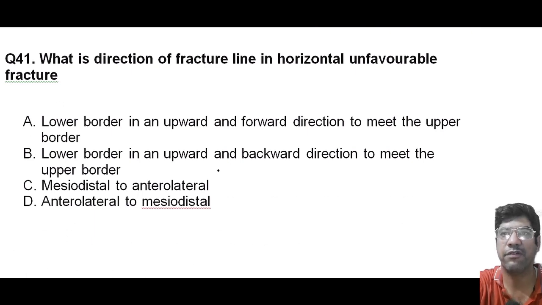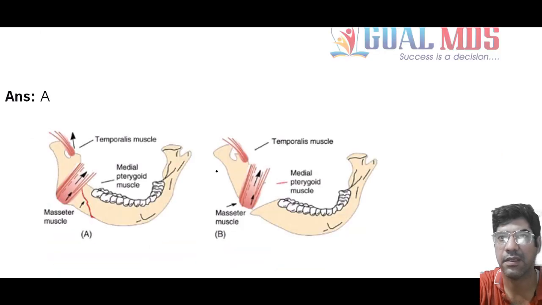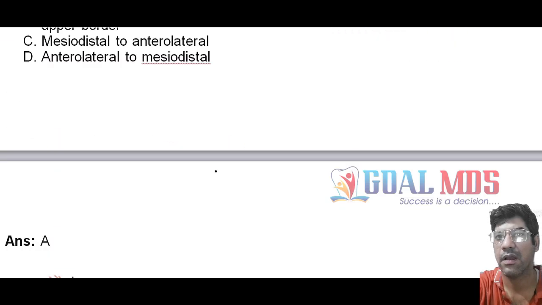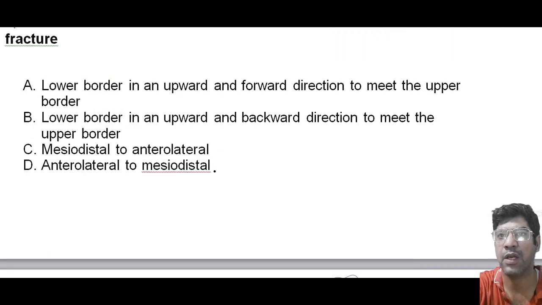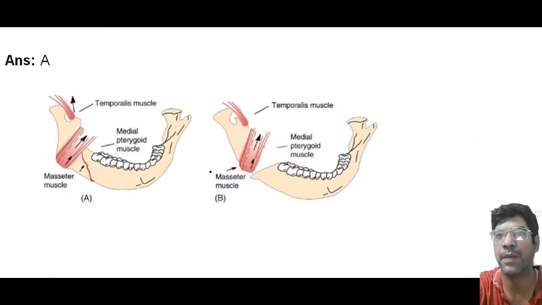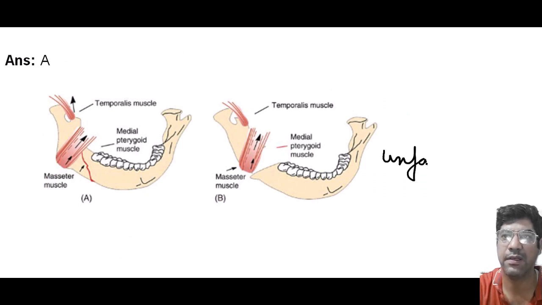What is the direction of the fracture line in a horizontal unfavorable fracture? The answer is A, the lower border in an upward and forward direction to meet the upper border. So this one is an example of a horizontally unfavorable fracture.